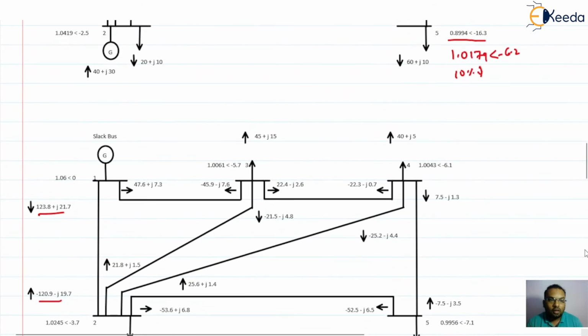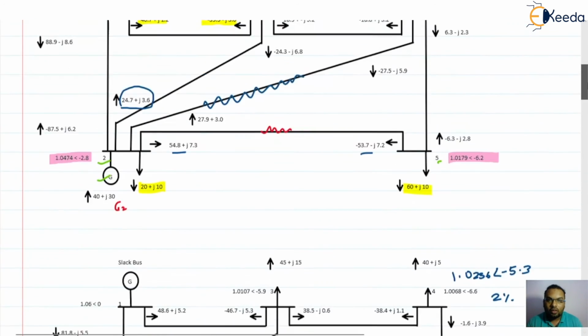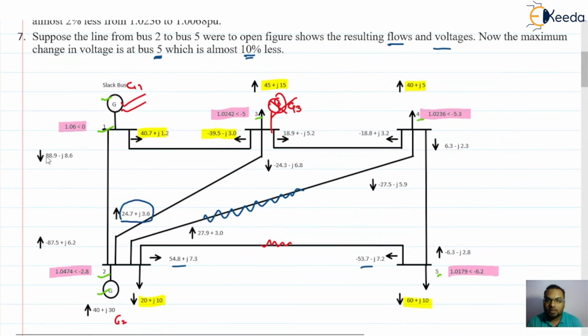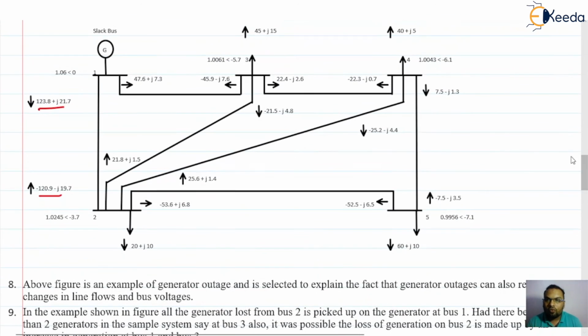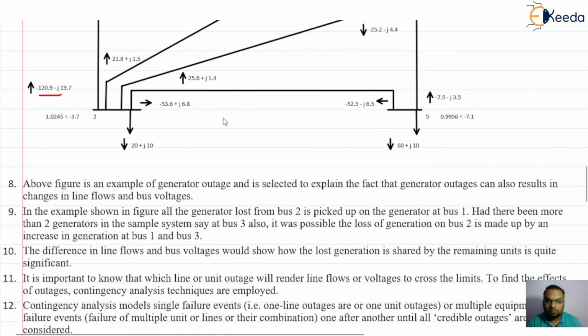Earlier in the base case, that is the pre-contingency case, it was just 88.9. Now you can see it is almost 123.8. This way we can do the analysis and decide the action plan. As said, if generator 2 fails, the load will be picked up by generator number 1.